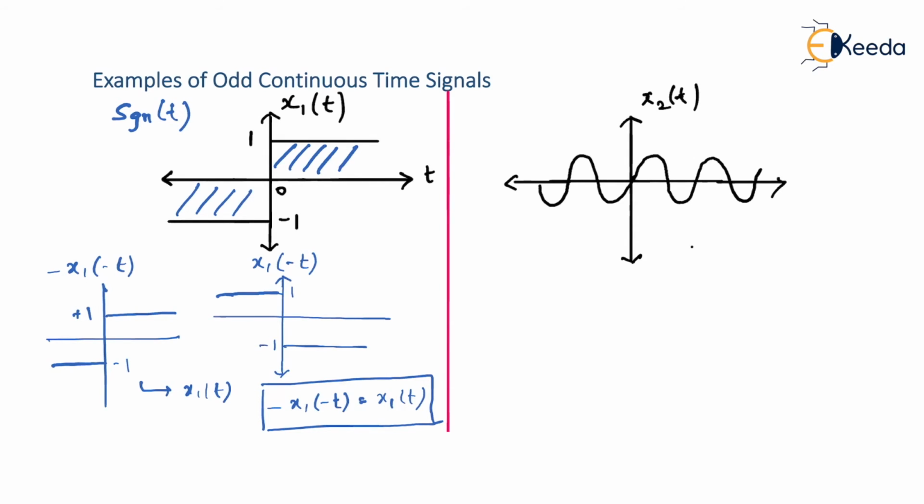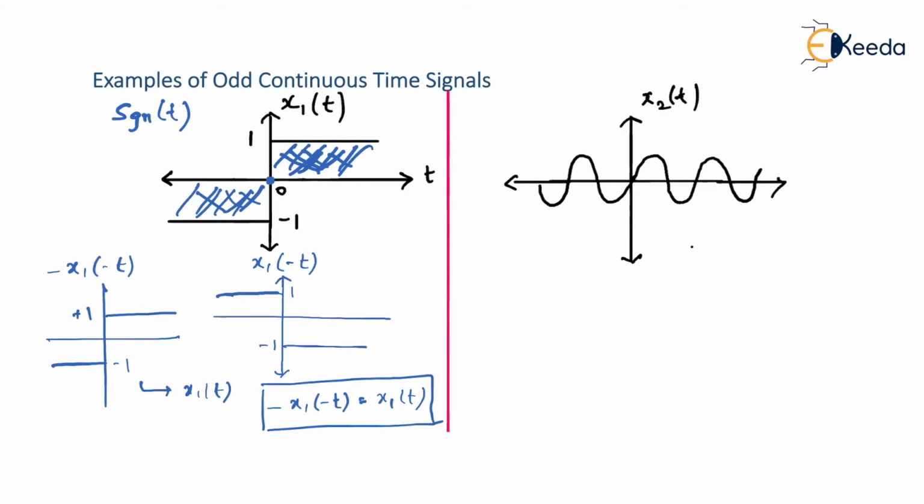That is, on the right hand side if it is -1, then for an odd signal on the left hand side it has to be +1, and so on. In fact, what I always say to students is that there always has to be a symmetry with respect to the origin, as you can see, or a diagonal symmetry. Diagonal symmetry means whatever is present over here, diagonally opposite there would be the same characteristic. In that case, it is always an odd signal.